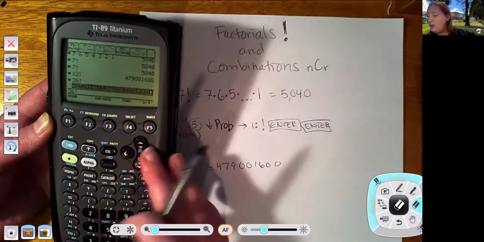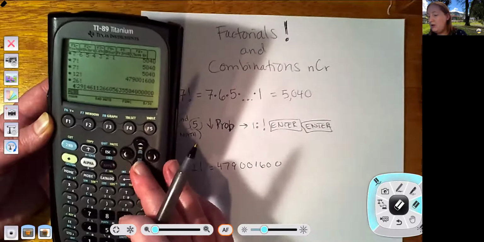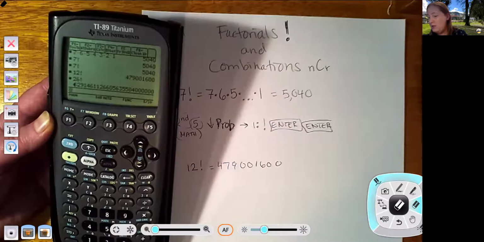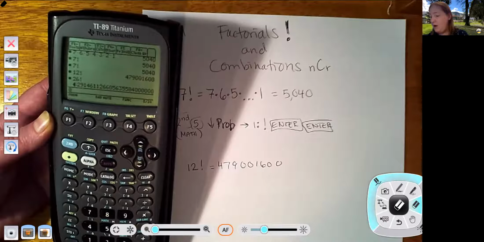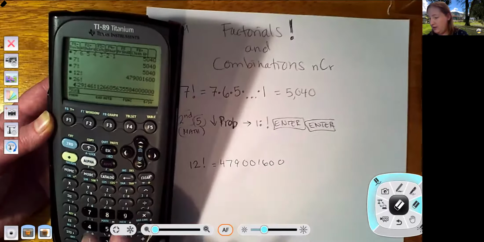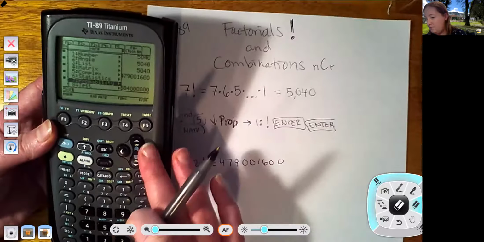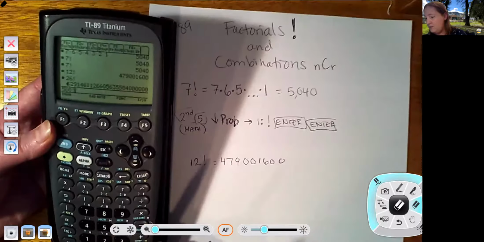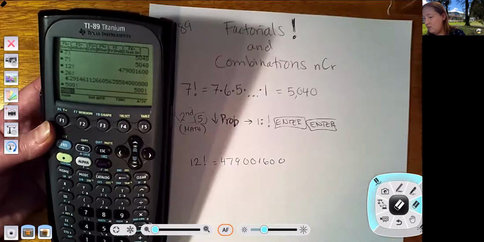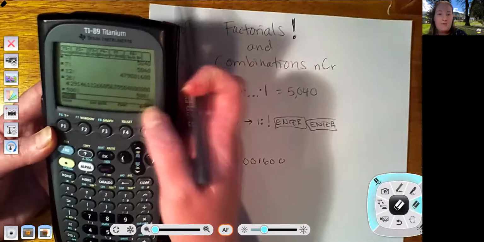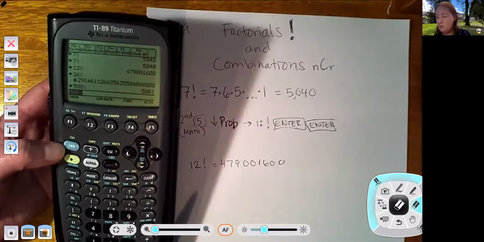You can imagine that it might get too big, in fact, for even your calculator to handle with the scroll. Let's try something like 500 factorial. And it just gives us back 500 factorial. It's just too big to really deal with.